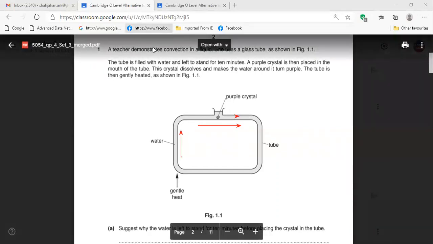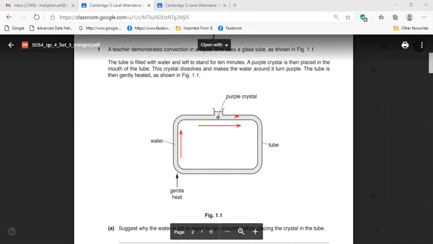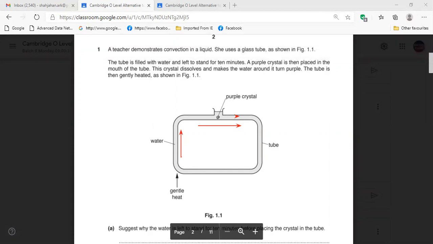And if someone wants to give the direction like this, drawing freehand, if you give it circular this way, that is also accepted.